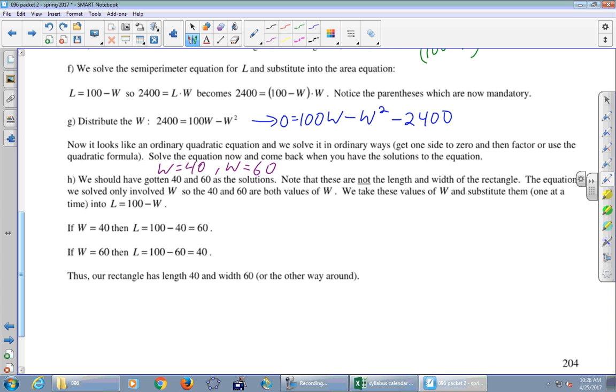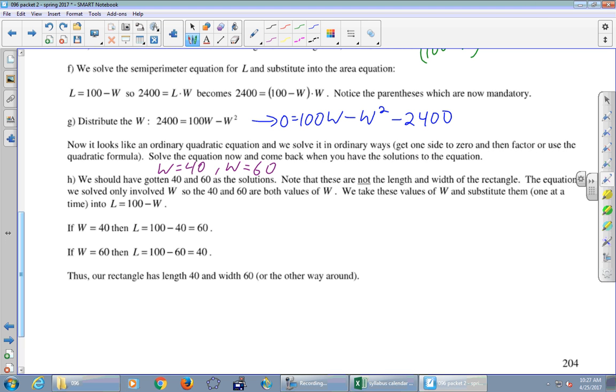What do we still need to find for each of those W's? Well, you might use the quadratic formula, which means you need to find the A, B, and C. But after you've done that and you get your answers, the two answers are the width is 40 or the width is 60.